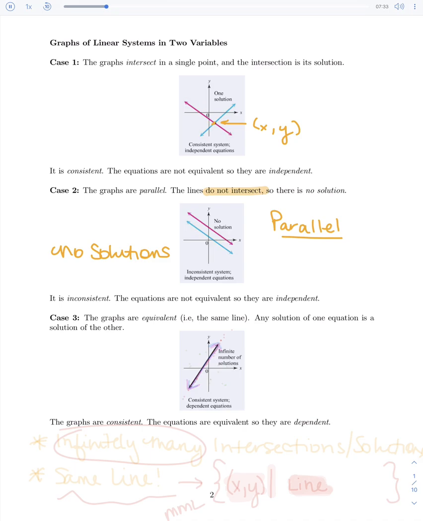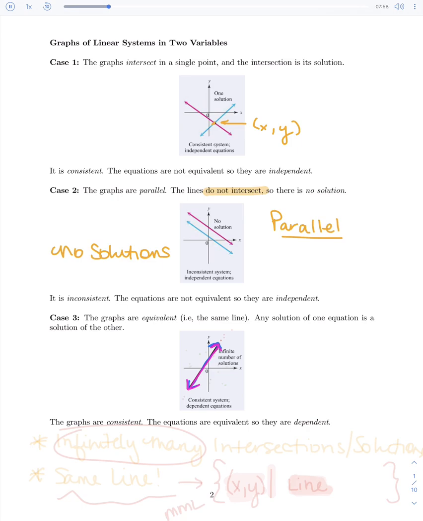The last option would be that if I were to draw my first line, suppose it's here, and then I go to draw my second line right here, and they land right on top of one another. That means we are actually ending up with a case where they're intersecting infinitely many places.